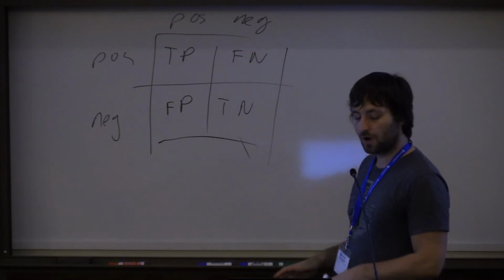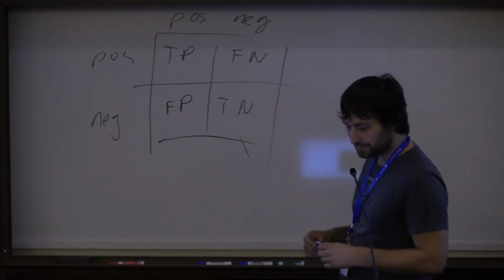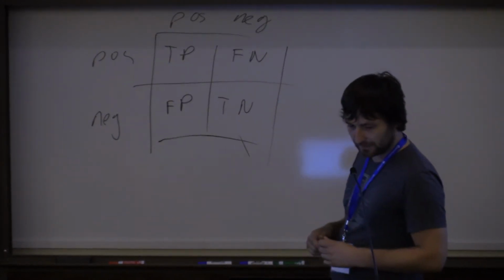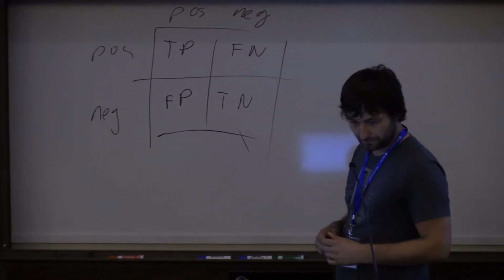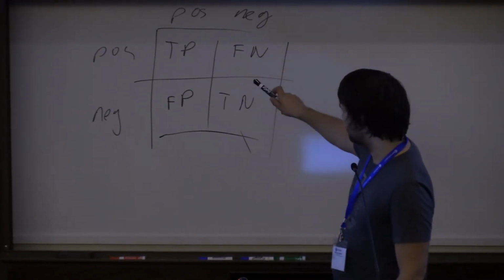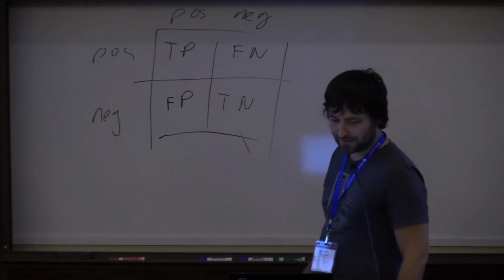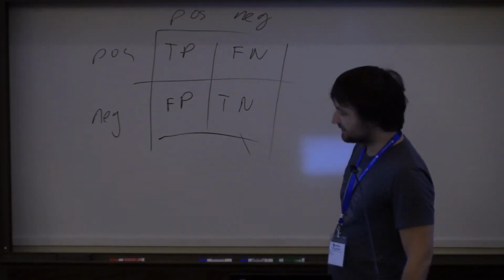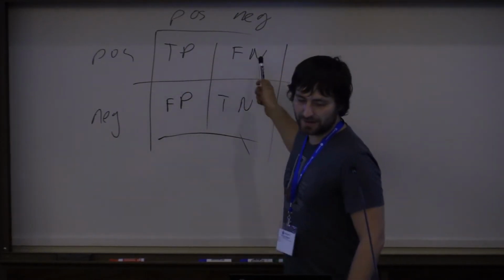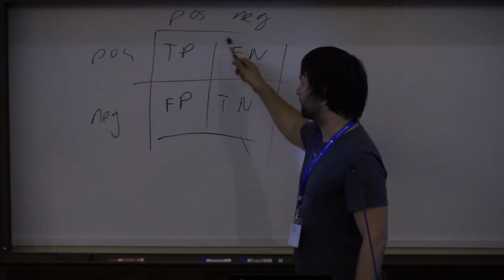Precision and recall are 2 that are very commonly used. Precision is this entry divided by this row, and recall is this entry divided by a column.